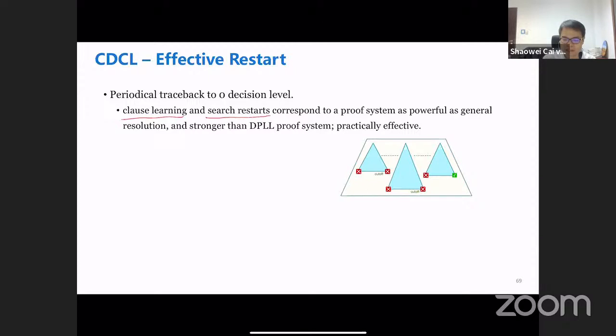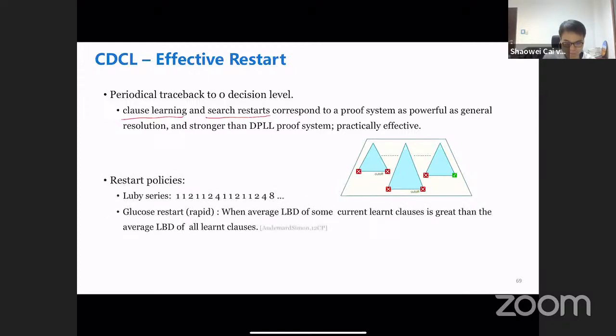And also many evidence have shown that when together with clause learning, restarting is very important. It can be practically effective. And for restarting, we have two main policies. The first one is the Luby series, which not only applies to SAT solvers, but also to other combinatorial problems, and is from some statistical principles.